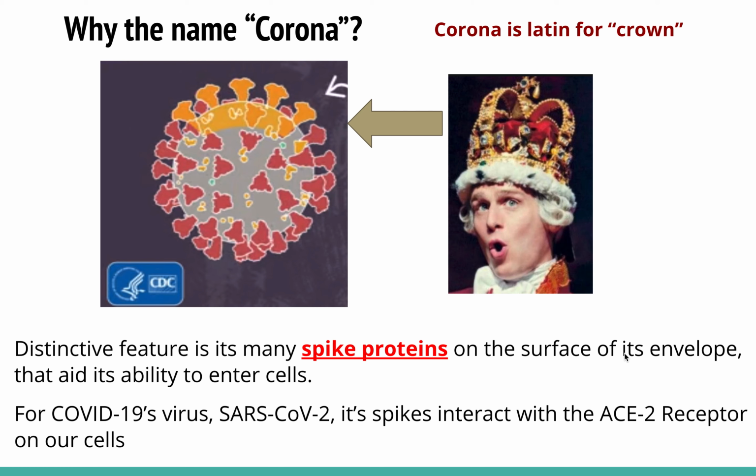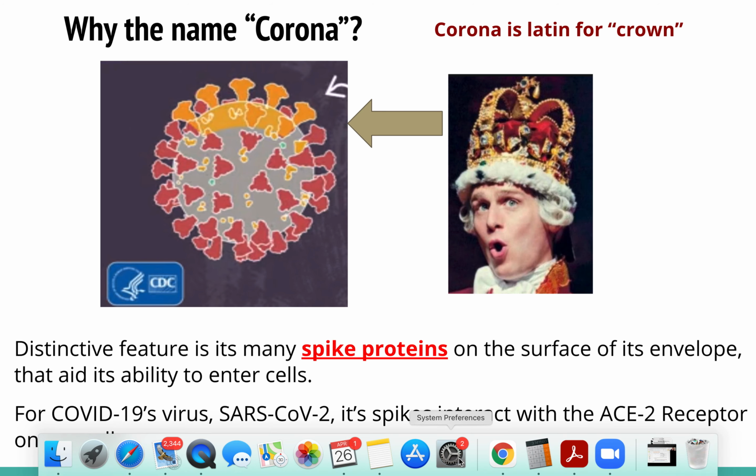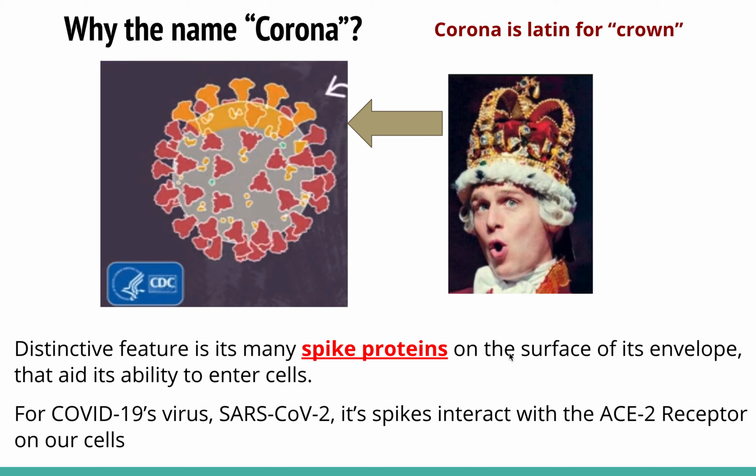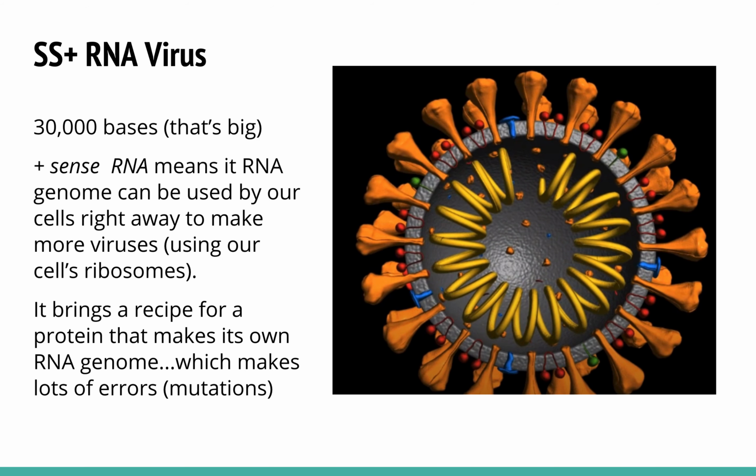Not all viruses have spike proteins or envelopes, but COVID-19's virus and basically all coronaviruses do. And in particular for SARS-CoV-2, the spikes interact with an ACE2 receptor. We're going to go into what the ACE2 receptor does today.